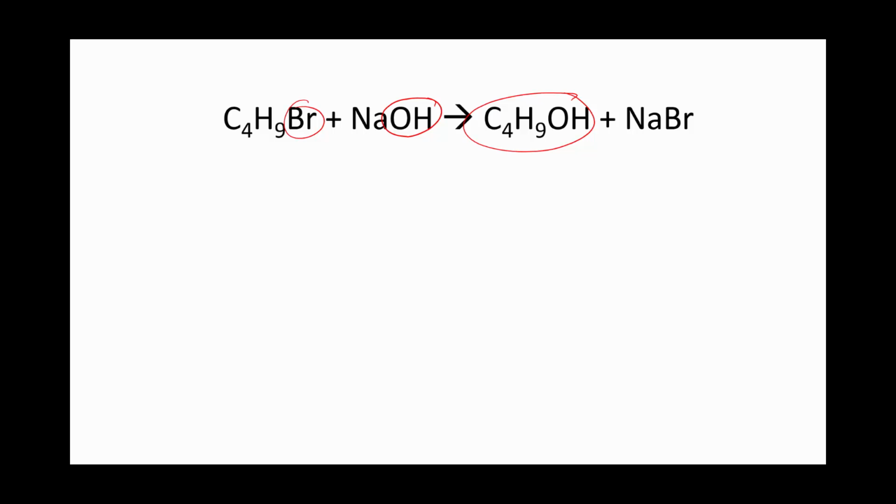Okay, so let's talk about how we would work out atom economy. I'm just going to simplify it to A.E., atom economy. So you'll remember it's the molecular mass of the desired product, which in this instance is 74, and we're then going to divide it by the sum of the masses of all the products, which includes both sodium bromide and butan-1-ol.